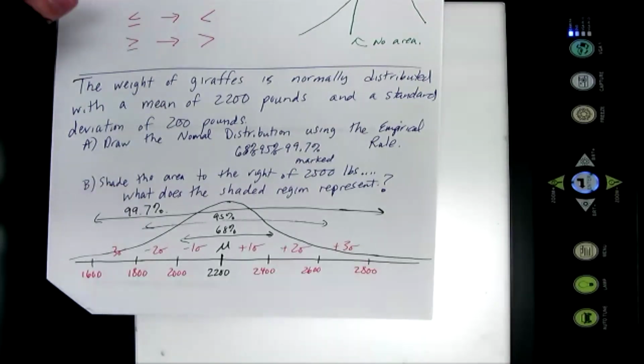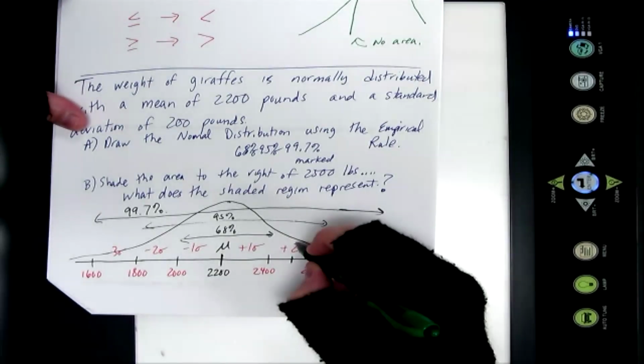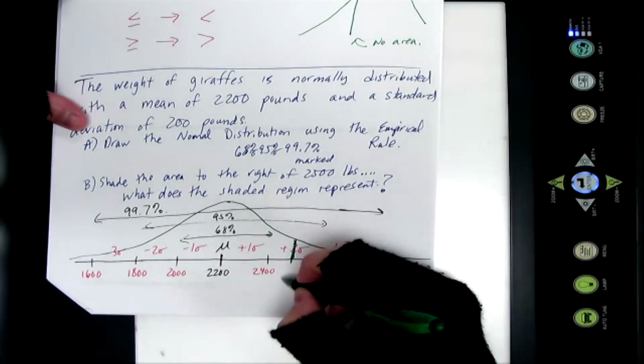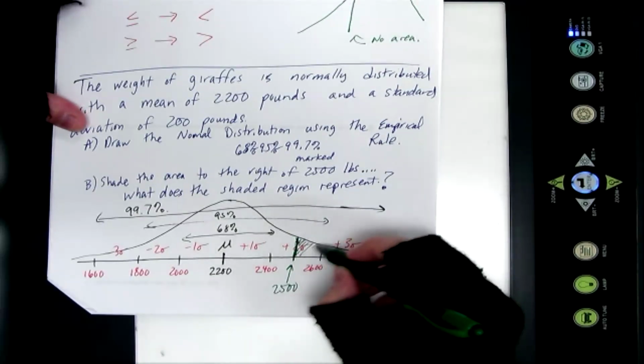Everybody got their chart down? Now it says shade the area to the right of 2500. Where do I put it? Right between 2400 and 2600, that's 2500 right there, and we're going to shade to the right.